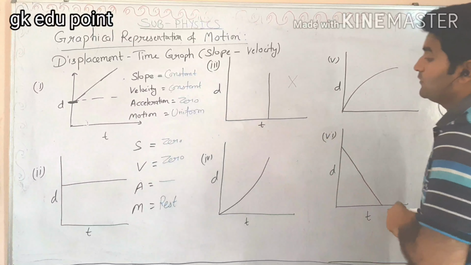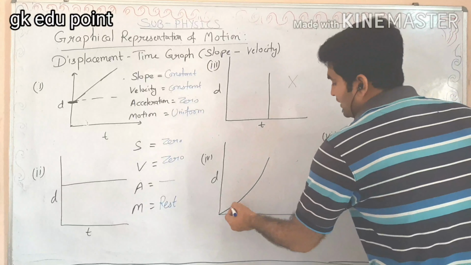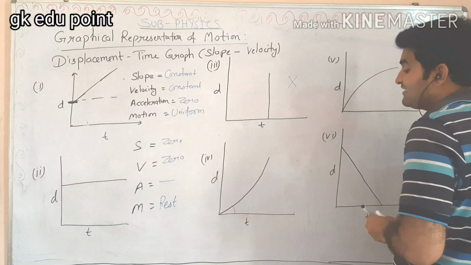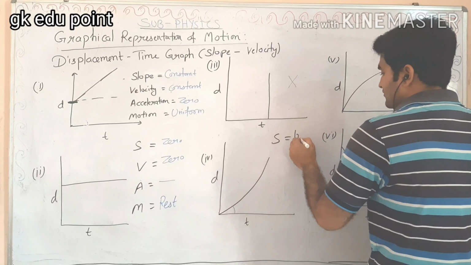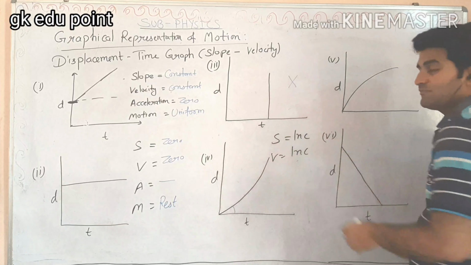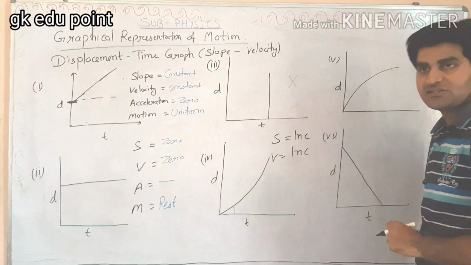Now we move to graph number 4. In graph number 4, the slope is increasing. If the slope is increasing, what about the velocity? Velocity is also increasing. If velocity is increasing, definitely there is an acceleration in it.